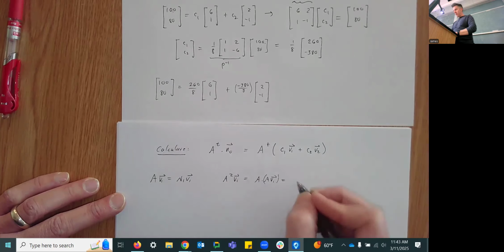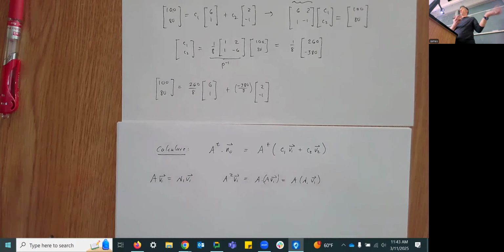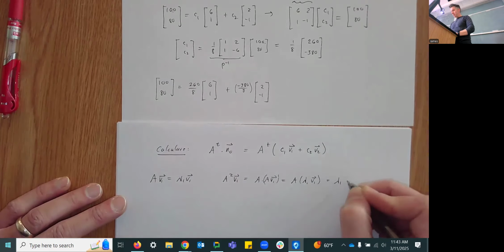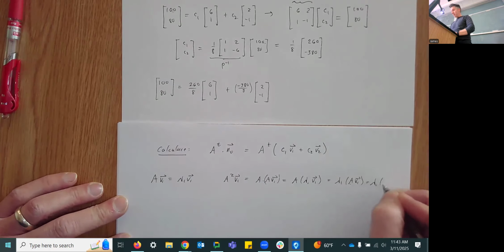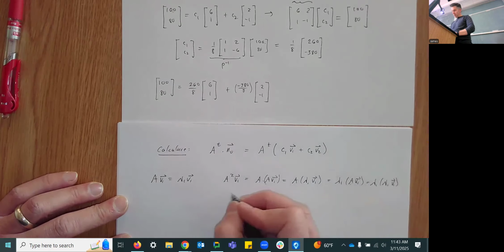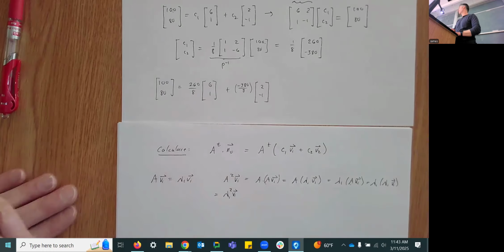But A times the eigenvector is just lambda times the eigenvector. But that constant lambda can kind of live wherever it wants to live, right? Go out in front. And so what you really have is lambda 1 times A times the eigenvector again. And A times the eigenvector again is another lambda times the eigenvector. Meaning we get lambda 1 squared times the eigenvector.